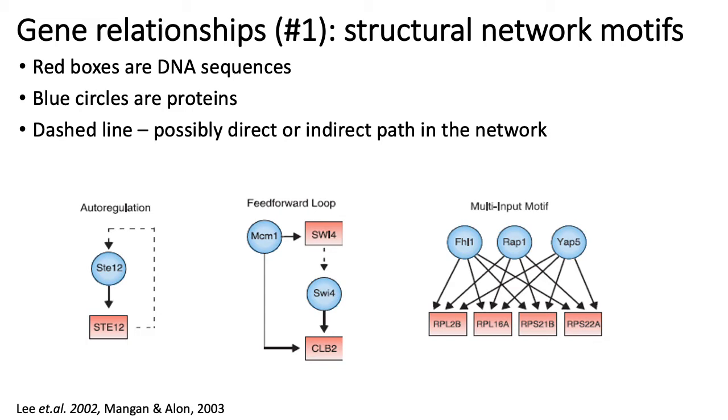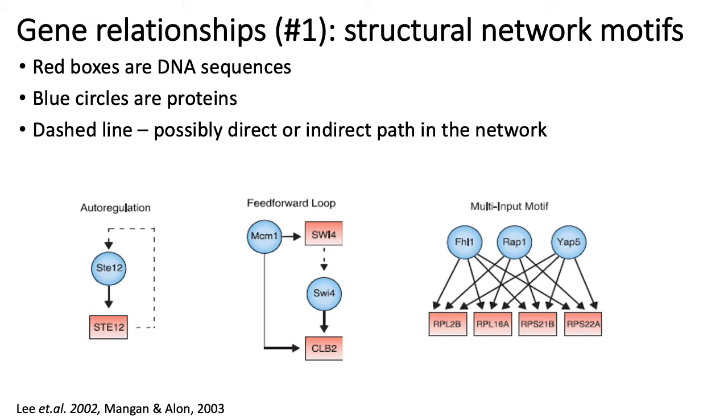And finally, there's what's known as the multi-input motif, where basically an individual transcription factor can regulate many downstream target genes, but more often than not, transcription factors don't act in isolation, they'll act as groups. And so in this case, FHL1, RAP1, and YAP5 might collectively bind many of the same targets.